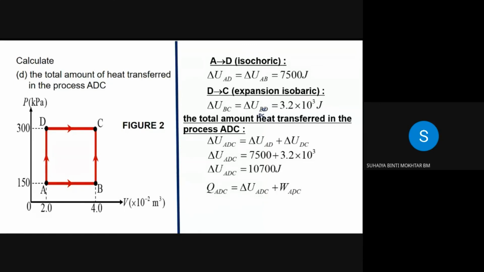Work done pun kita dah dapat dari ADC, right? Work done ADC tadi, substitute dia. UADC 10,700 joule. So you can determine QADC. We get 16,700 joule. Ini satu cara, macam-macam cara. Cara berbeza dengan saya, tapi boleh diterima. Rasakan betul konsep dia. Okay, boleh faham?